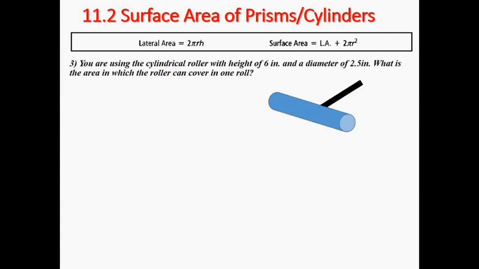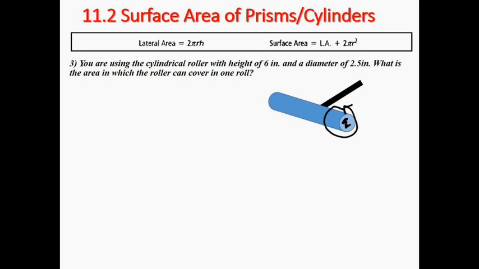Go ahead and try question 3 on your own. Keep in mind, you're only looking for what they're asking you to find. In this case, they want to know what is the area which the roller can cover in one roll? When rolling paint, think about it logically. You're not going to be using the bases. You wouldn't use the ends of the roller because that would be a weird way to paint. You're only using the distance around the roller.